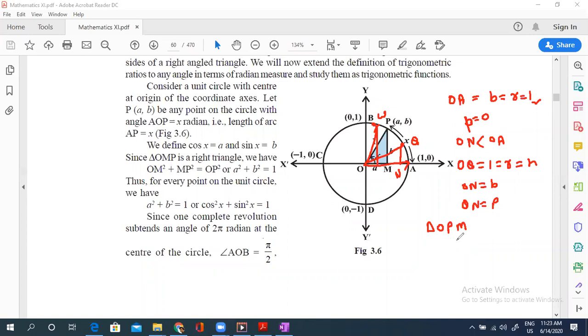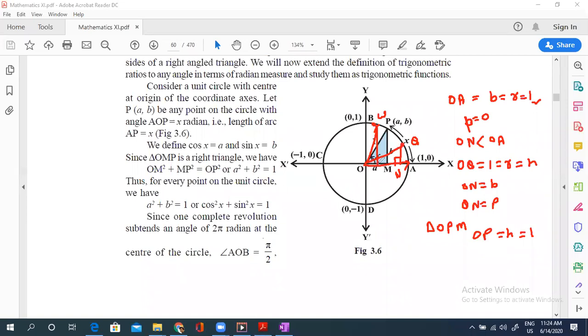Okay, OPM. So in triangle OPM, again, OP is your hypotenuse, which is fixed, 1. See, this is a right angle triangle. OQN is also a right angle triangle. So obviously this OQ is a hypotenuse.